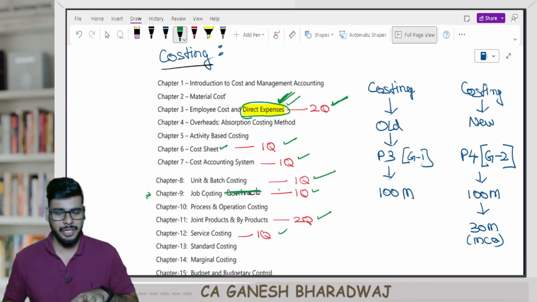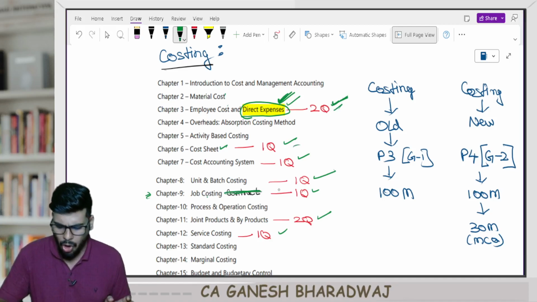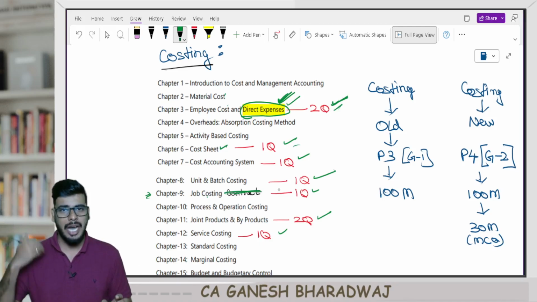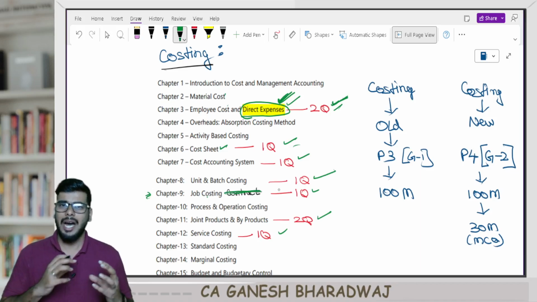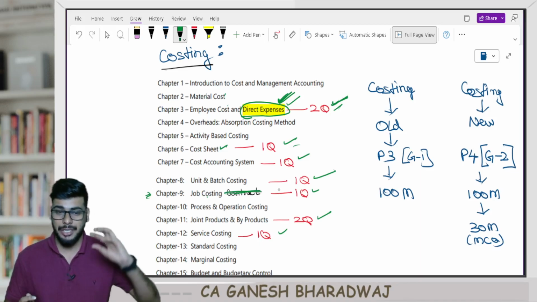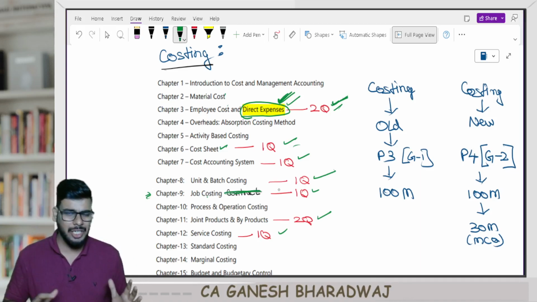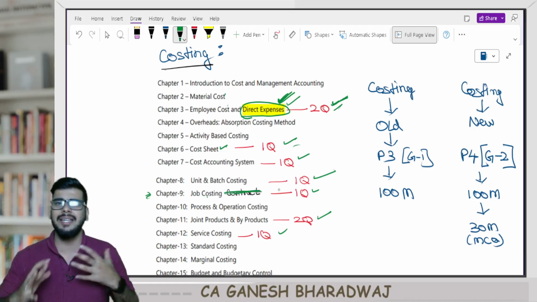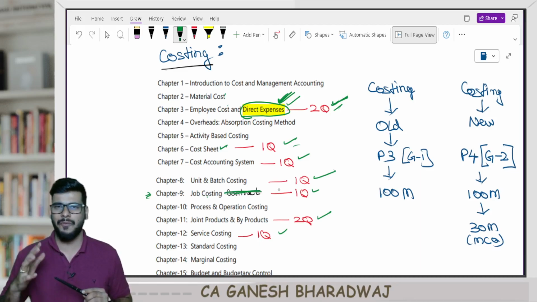Now coming to our lectures. In my lecture, right now in the costing handbook, I have incorporated all these new extra questions. I have incorporated past exam questions, and I have also kept some additional illustrations for conceptual understanding. This way I have shuffled and reframed the entire material. Our handbook is about 500 pages, I think.